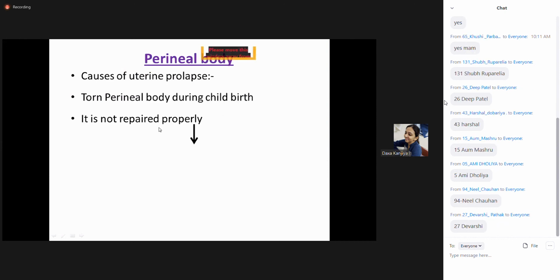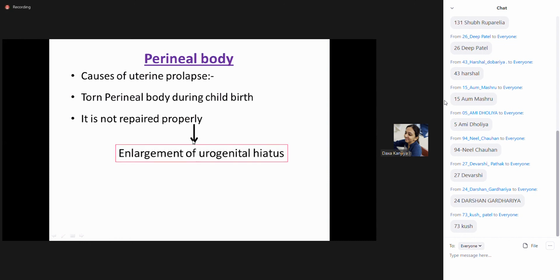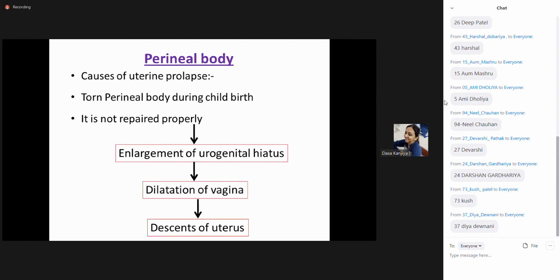And if the perineal body is not repaired properly, what happens is enlargement of the urogenital hiatus, and this leads to dilatation of the vagina and ultimately descent of the uterus. So that's how it supports the uterus.